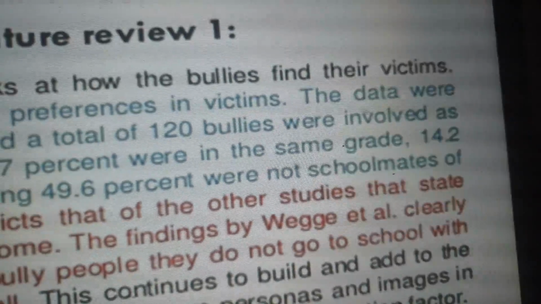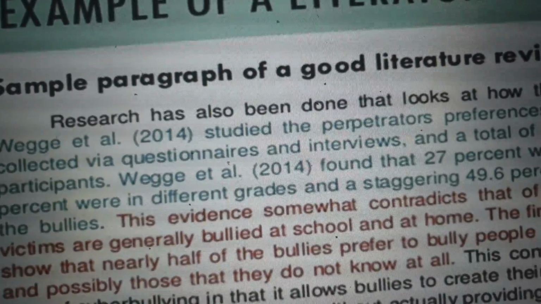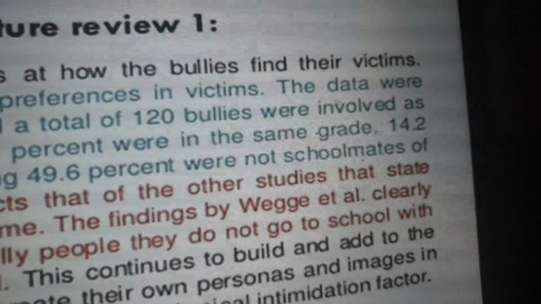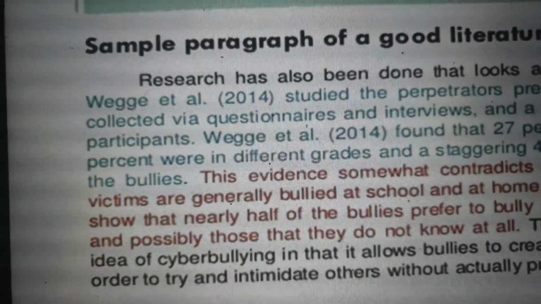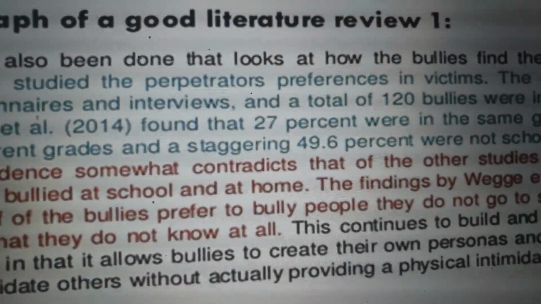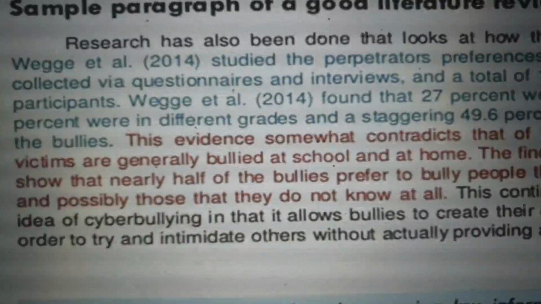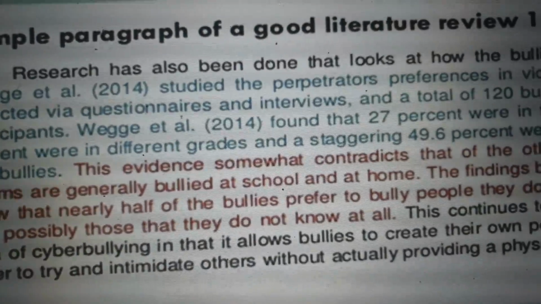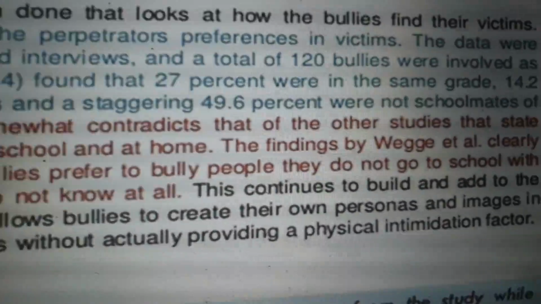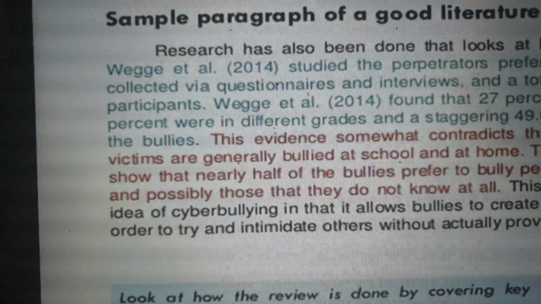The data were collected via questionnaires and interviews, and a total of 120 bullies were involved as participants. Wege et al., again 2014, found that 27% were in the same grade, 14.2% were in different grades, and a staggering 49.6% were not schoolmates of the bullies.